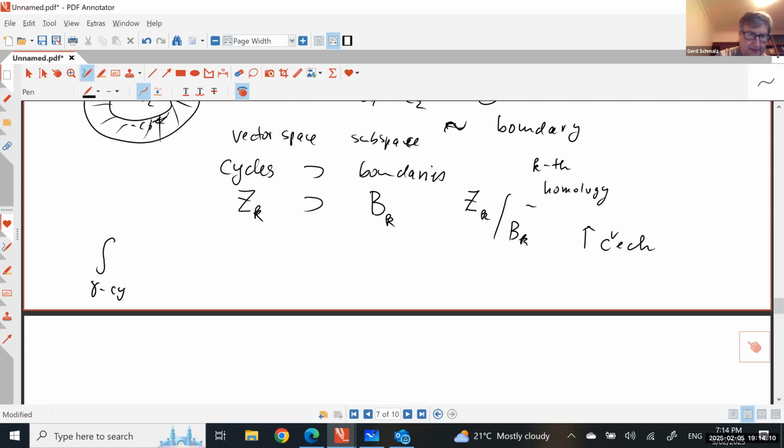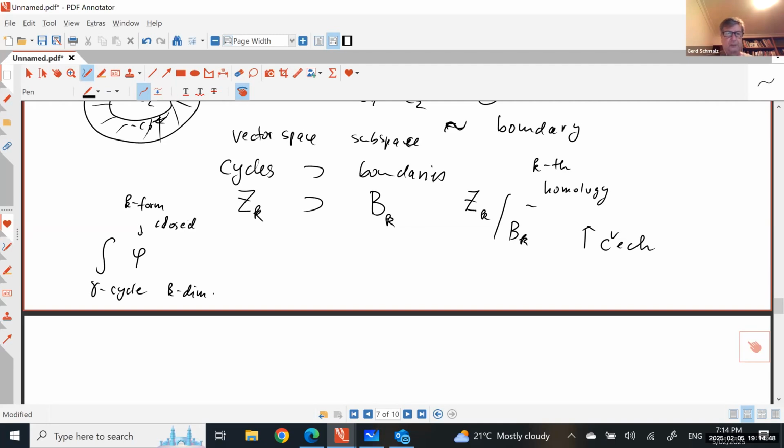Maybe gamma, this is a cycle. And a cycle could be k-dimensional. And I have a k-form, and I want this k-form to be closed. So a closed form integrated over a closed manifold, a cycle, something which has no boundary.